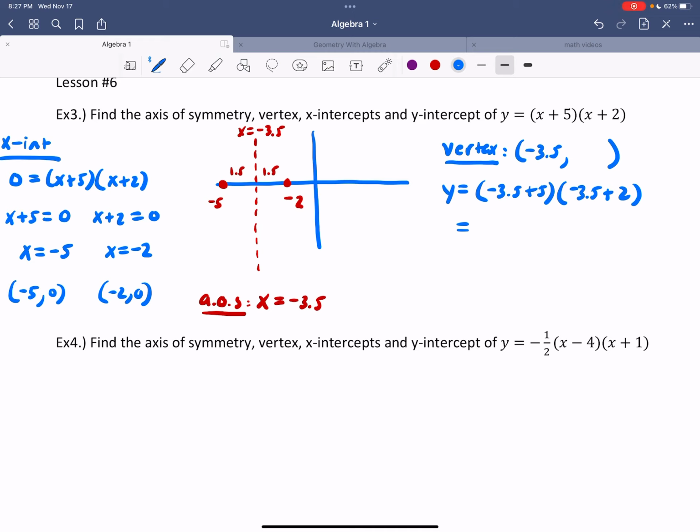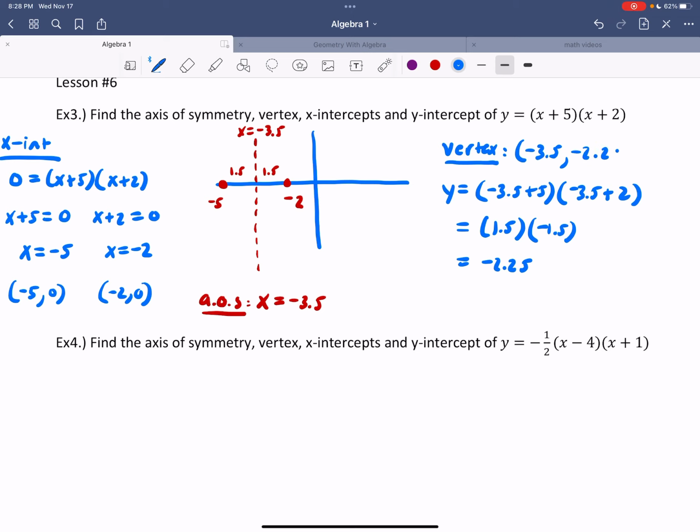So -3.5 plus 5 gives us 1.5, and then -3.5 plus 2 gives me -1.5. So when we take that product, we get negative 2.25. So that's going to be my y value on my vertex.